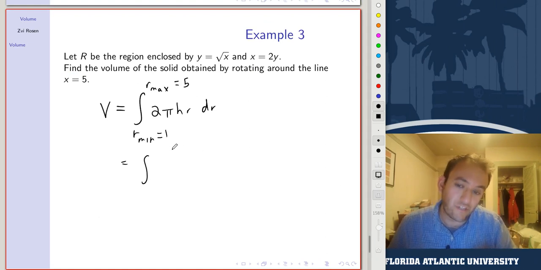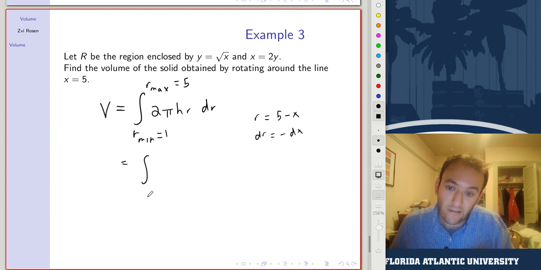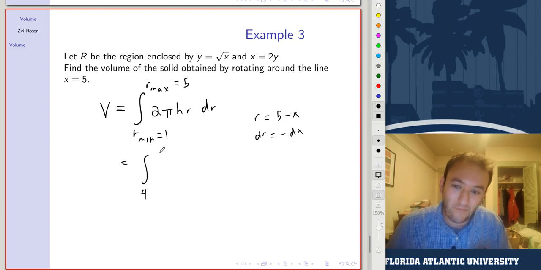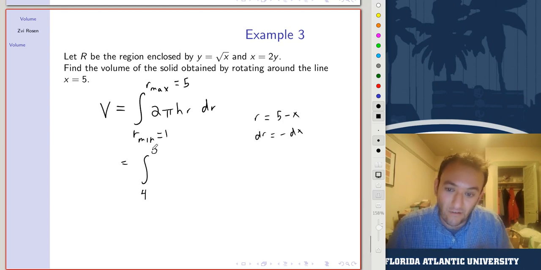we're about to make a change of variables where r is going to become 5 minus x, dr is going to become minus dx, and so we need to also make sure that these bounds change corresponding to that. So the x value corresponding to r min equals 1 is x equals 4. And the x value corresponding to r max equals 5 will be 0.